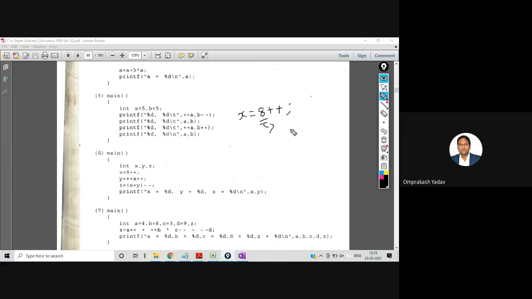It will only work on an expression, so there has to be some variable. Suppose x is there, we can write x plus plus, or if x plus y is there, we can write x plus y plus plus. Even on this one it will not work.